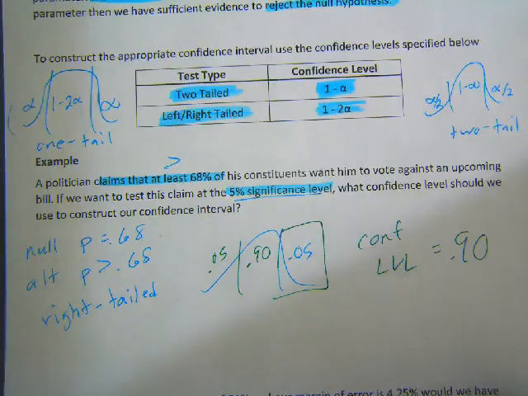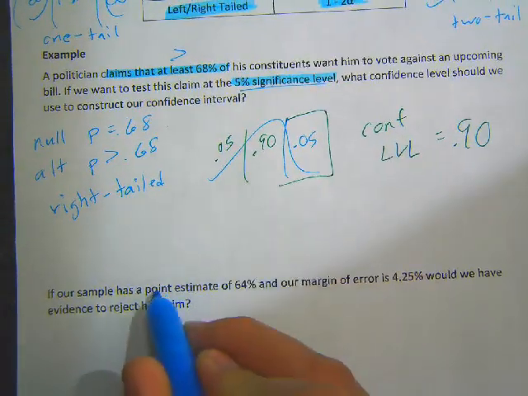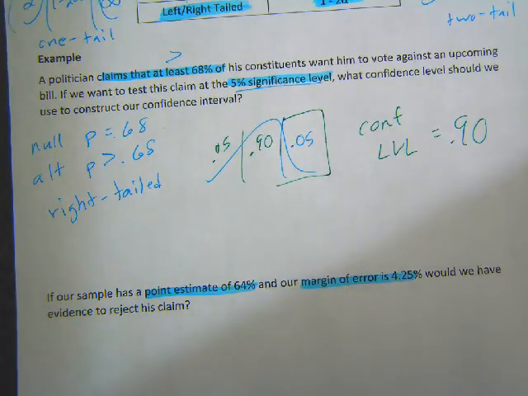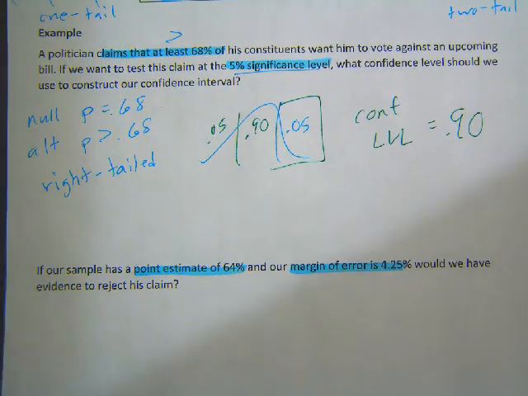Okay, so if our sample has a point estimate of 64%, and a margin of error of 4.25%, they collected their sample data, and that's what they got. Would we reject the claim?